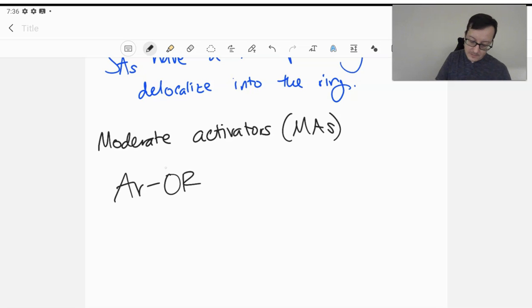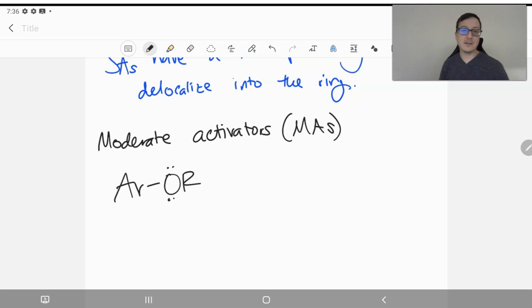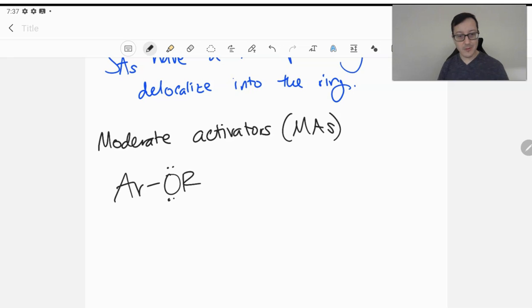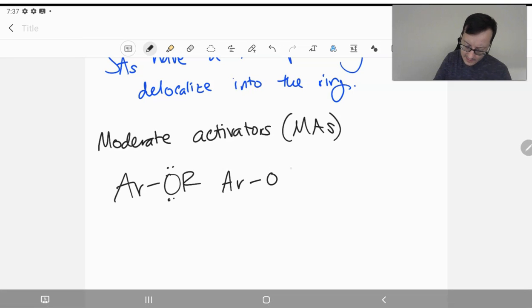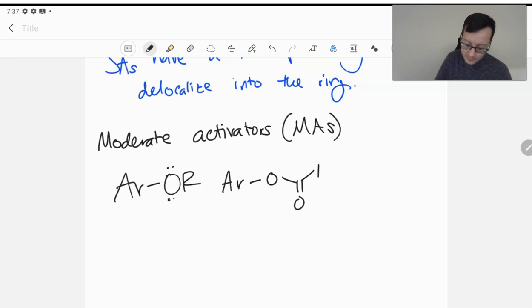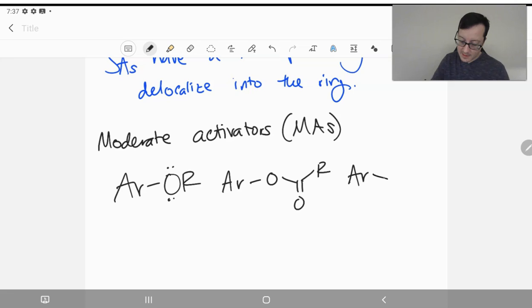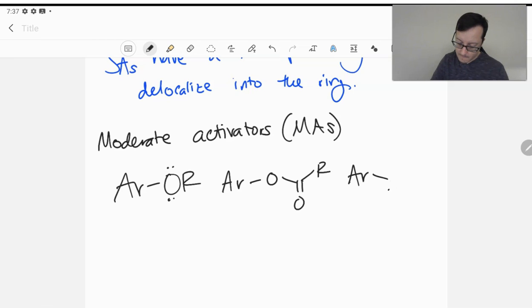So the oxygen lone pairs can resonate into the ring, but they're not as movable as they would be with an alcohol. We see things like esters, where it's the oxygen side of the ester. Same thing with an amide. Amides are moderate activators. So we see here that we have these lone pairs.